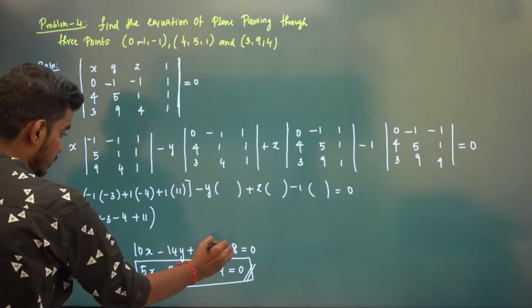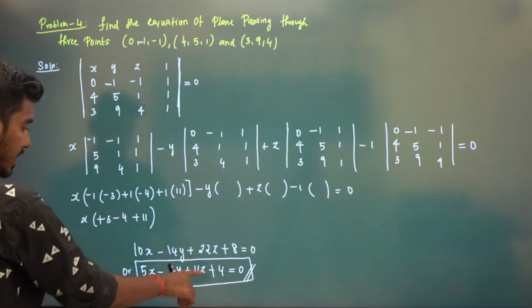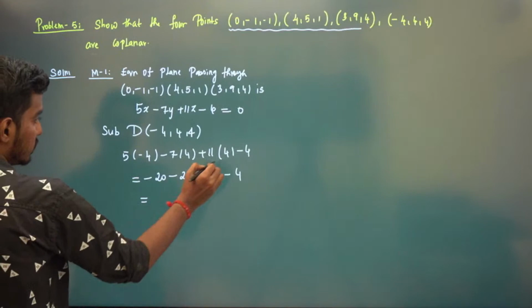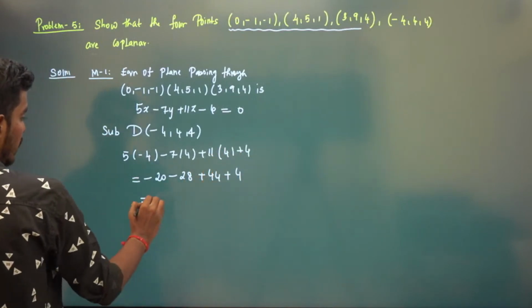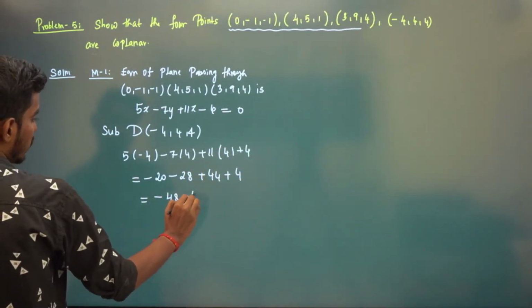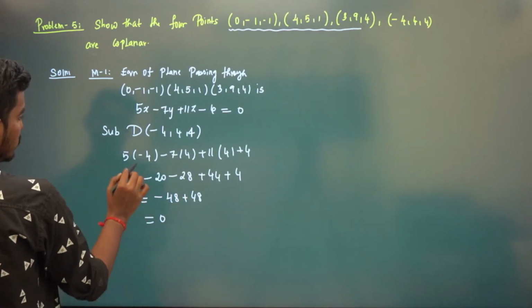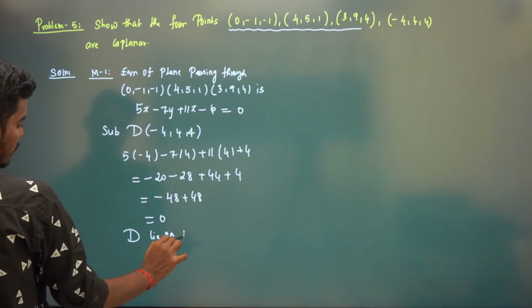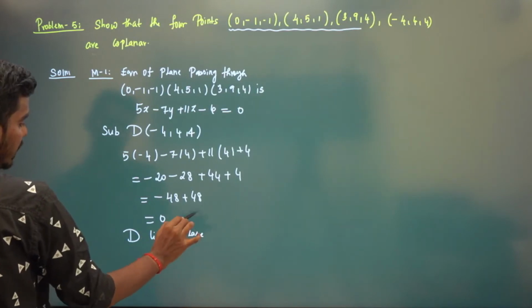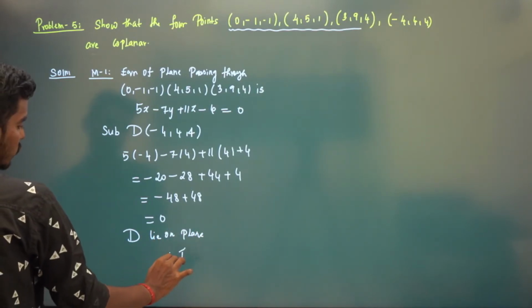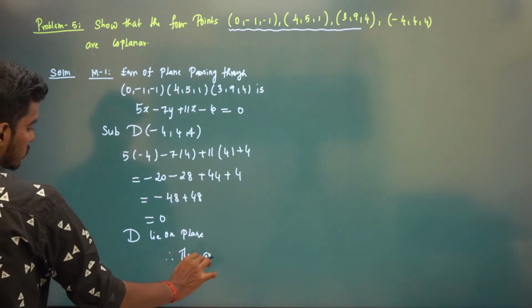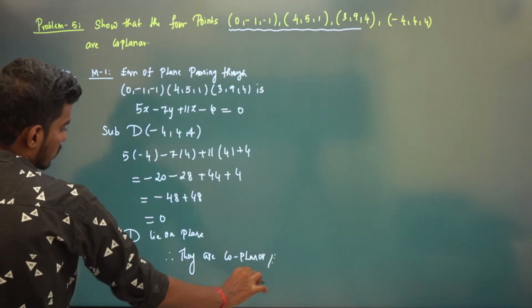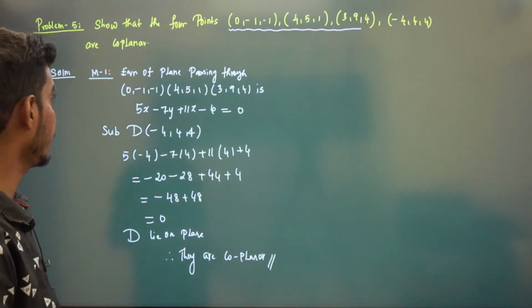Sorry, it is plus 4, the equation is 5x minus 7y plus 11z plus 4. So you will have minus 48 plus 48. So you can see this point D lies on the plane. So already 3 points lie on the plane, and the fourth point lies on the plane. Therefore they are coplanar, right?